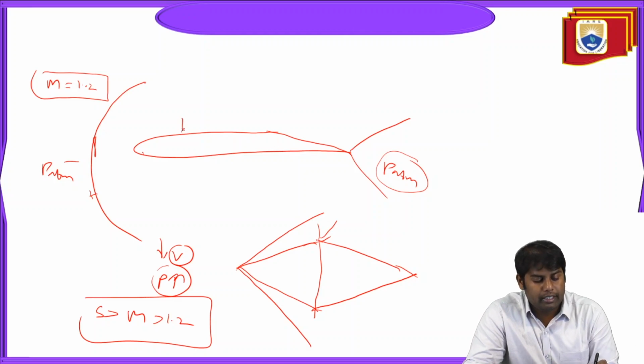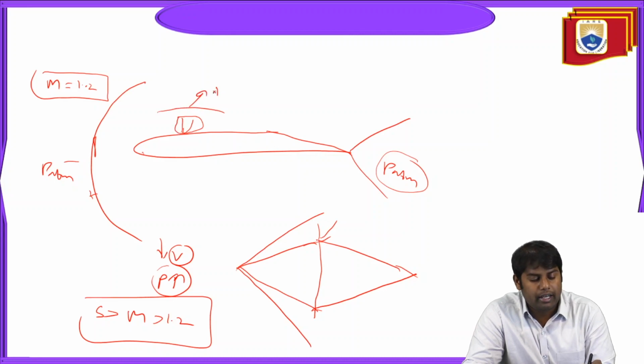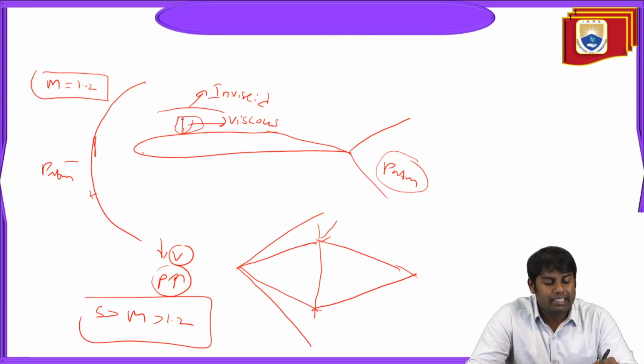The boundary layer is a thin layer which is formed near the wall. Outside the boundary layer, the flow is considered inviscid, and inside the boundary layer we consider the flow as viscous. So at this region we use viscous aerodynamics, and outside the boundary layer we use inviscid aerodynamics.